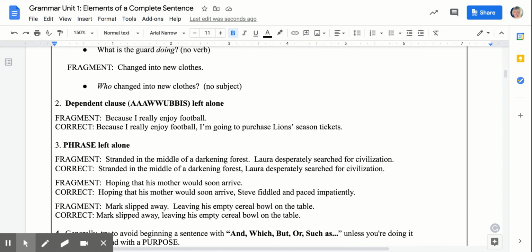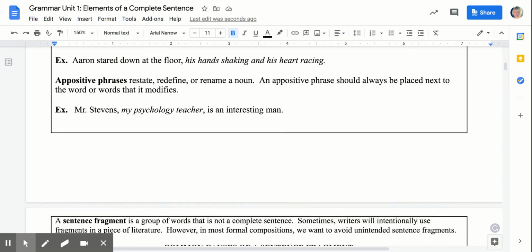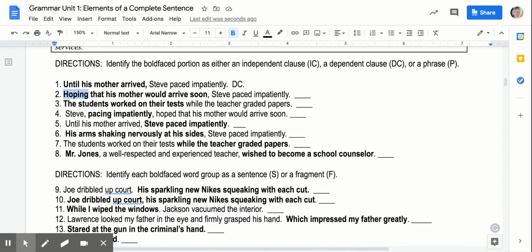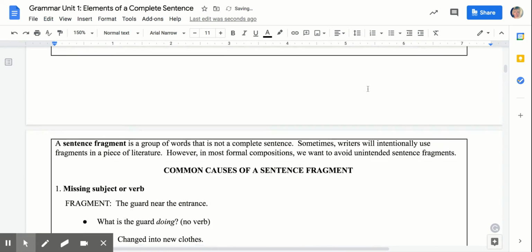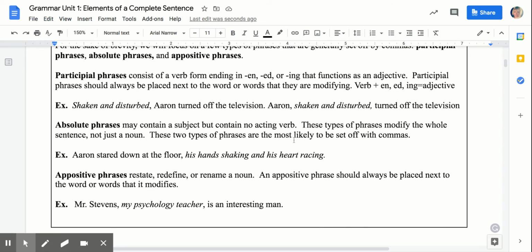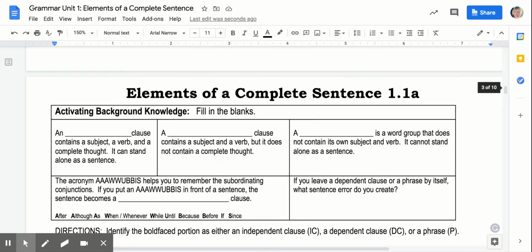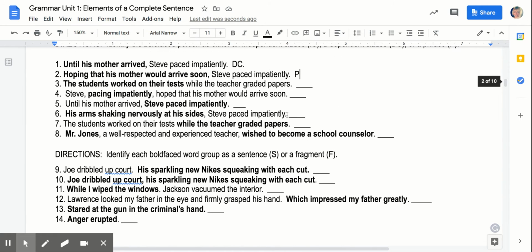So I definitely have a phrase, right? I definitely have a phrase because I don't have a subject and a verb. Okay. All I have is this group of words. So this is a phrase. More specifically, if we were identifying what kind of phrase, this is an absolute phrase because it's modifying the entire sentence.